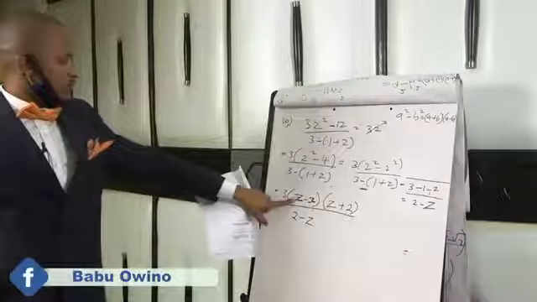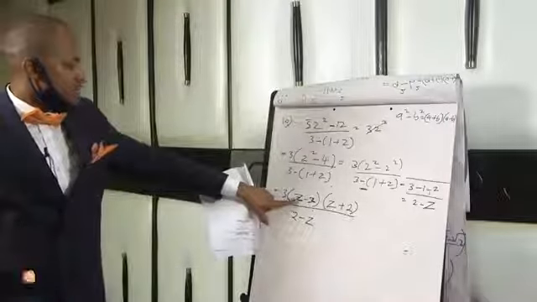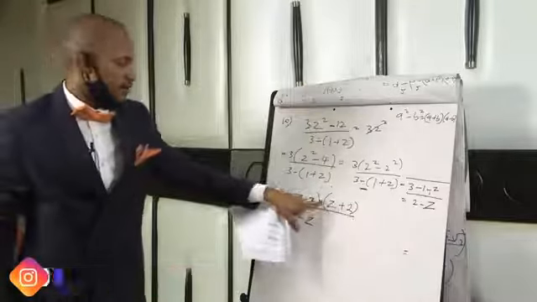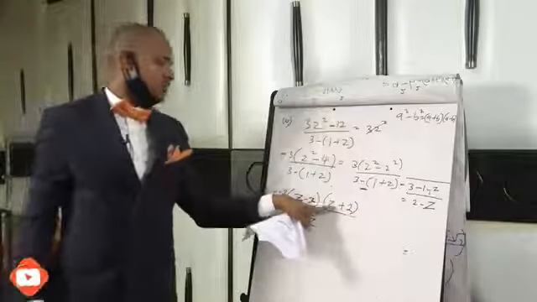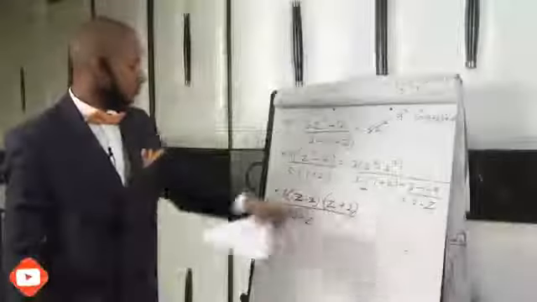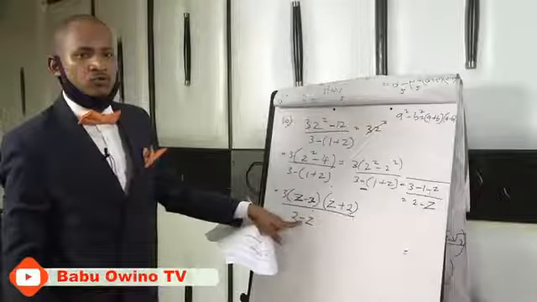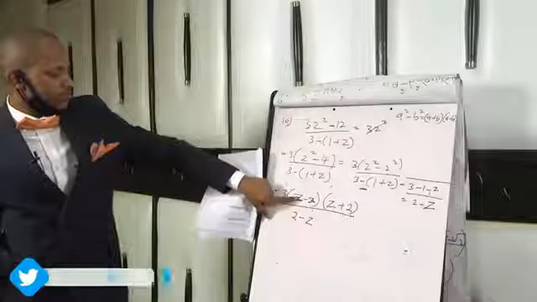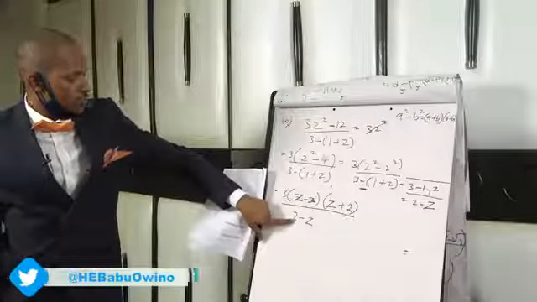Again, you can easily see that we have 3 into z minus 2 into z plus 2, divide by 2 minus z. Here we have 3 into z minus 2 into z plus 2, divide by 2 minus z. Again, there is a relationship between z minus 2 and 2 minus z.